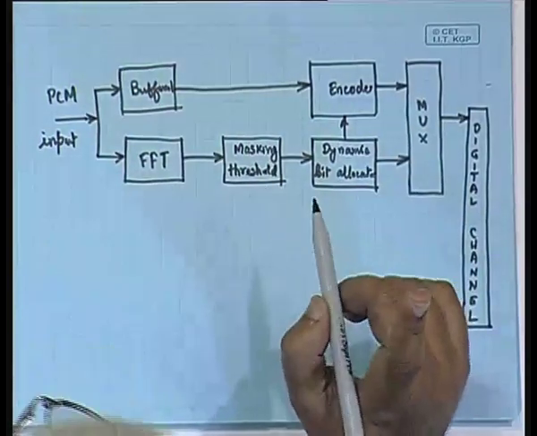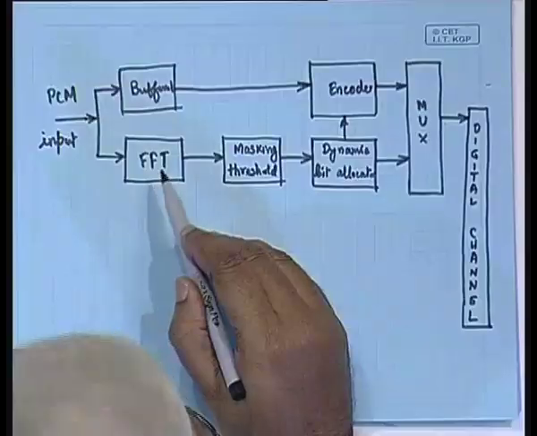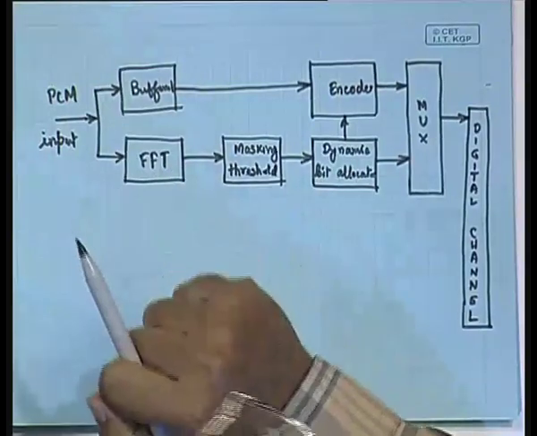Now, what I want to point out at this stage is why this FFT is being done. This is a very important aspect to understand. The FFT block picks up what tonal components are present in the signal. For example, in a signal we may have a single tonal component, supposing 1 kilohertz.